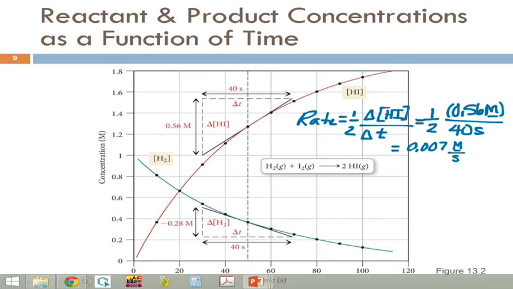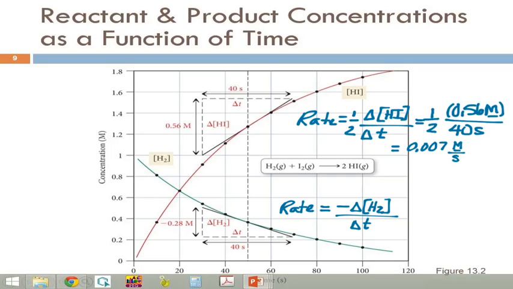So calculating the rate down here, the rate is going to equal what? It's the negative change in the hydrogen concentration divided by the change in time. The 1/2 here was because there was a 2 in front of HI. There was a coefficient of 2. We're dealing with the same reaction.